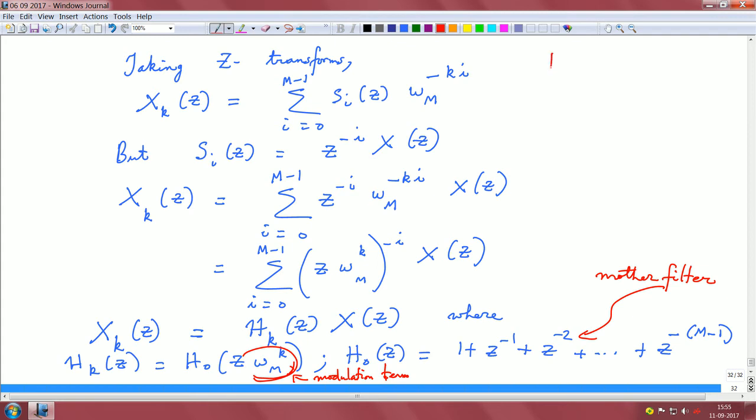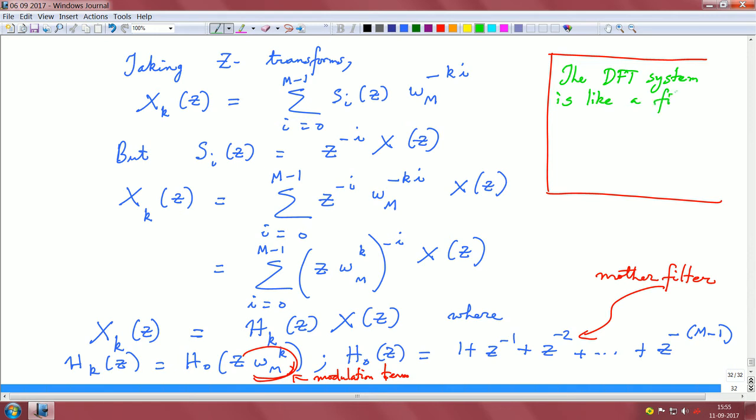So what this shows is the following: the DFT system is like a filter bank with analysis filters H K of Z. This is my analysis filter, and I stack all these analysis filters and I get my analysis bank.